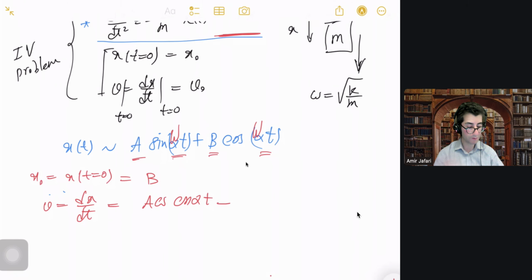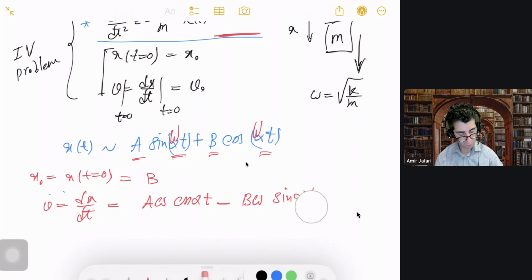The derivative of cosine is minus sine function. Sorry, not alpha. We know that alpha should be omega already. We talked about this. So it's going to be A omega cosine omega t minus B omega sine omega t.